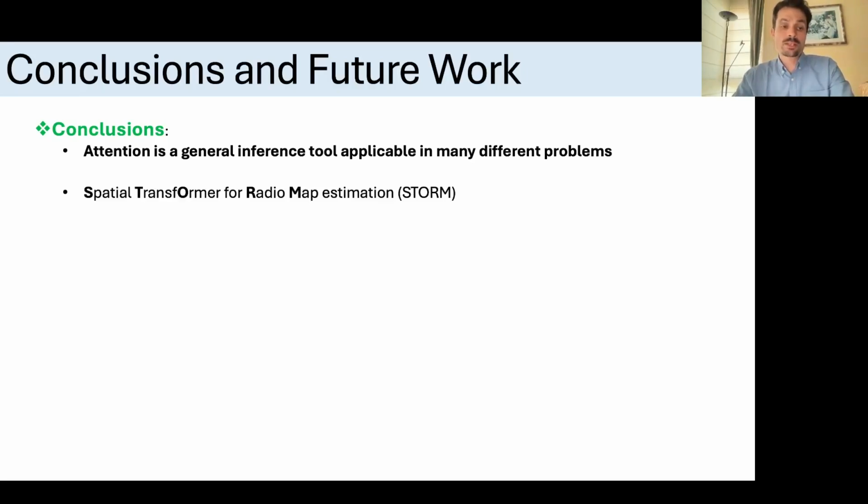We apply these ideas to develop a radio map estimator and to solve the active sensing problem. Finally, we looked at how we developed and deployed an Android app that implements these ideas in the real world.